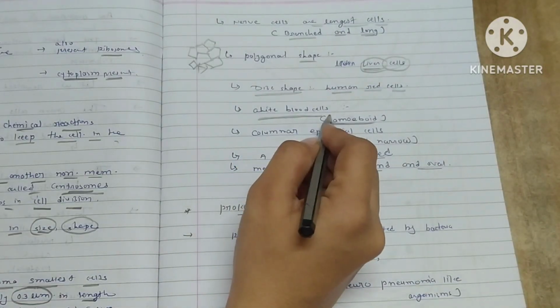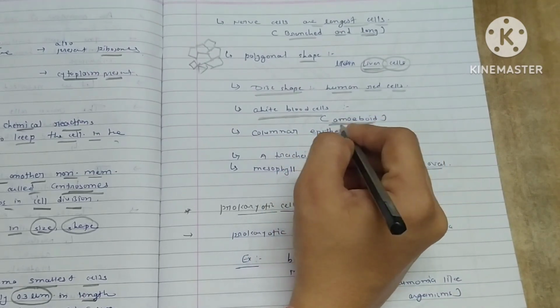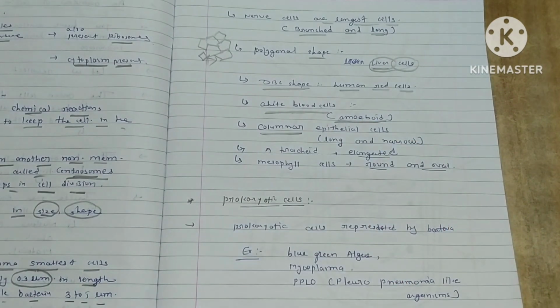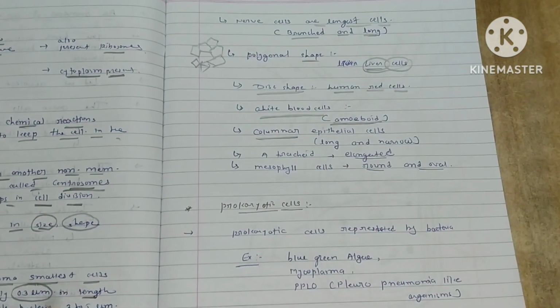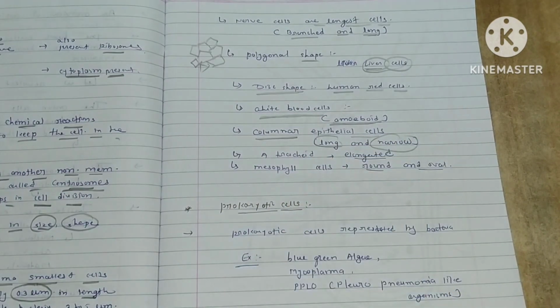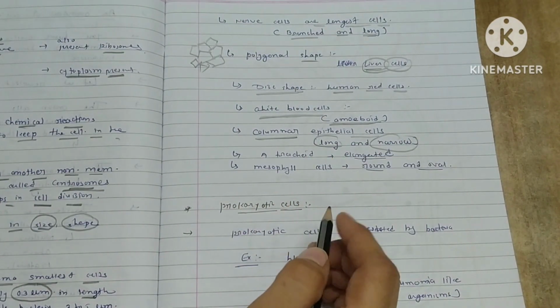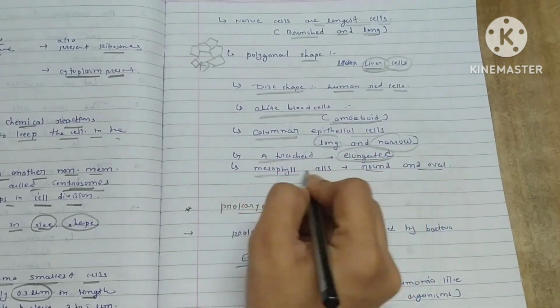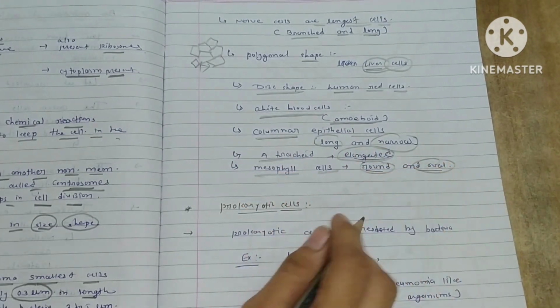White blood cells are an example of amoeboid cells. Columnar epithelial cells are long and narrow in shape. Tracheid cells are elongated. Mesophyll cells are round and oval in shape.